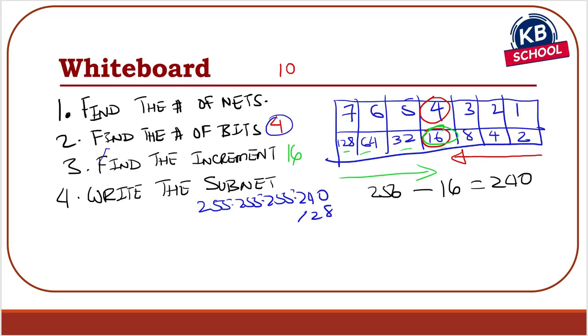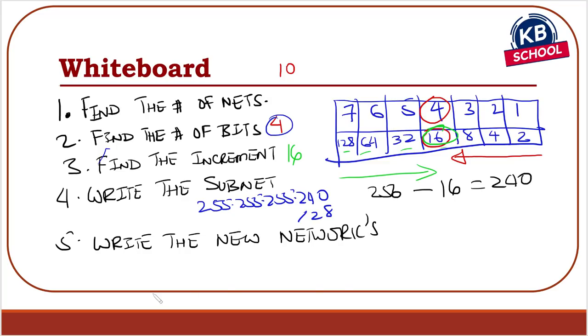And now the last step, write the new networks within the network. You need to write the range. And how do I do it?